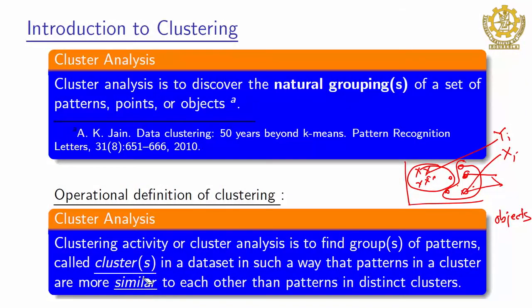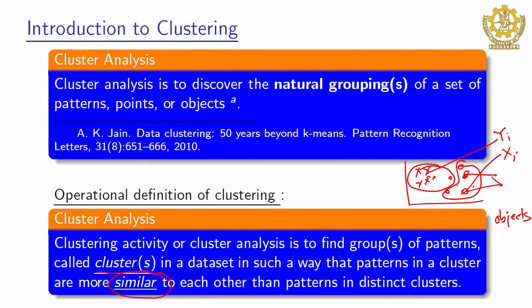Now, if you see the definition here, we know what a cluster is: a group of objects forms a cluster, and two patterns in a group or two objects in a group are similar.